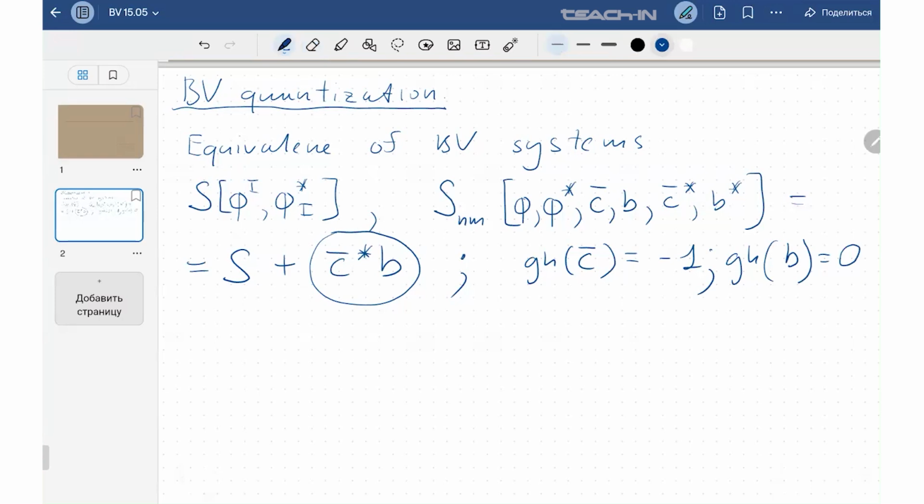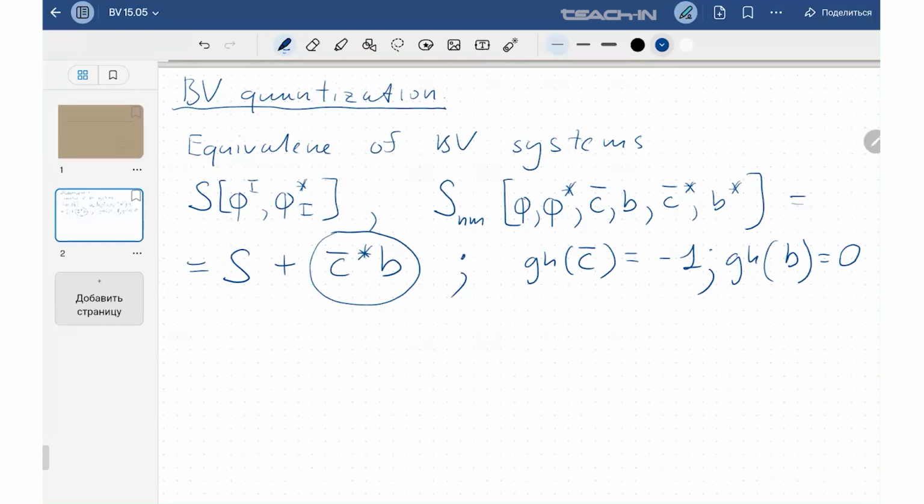So what is easy to check? It's easy to check, first of all, that the two sectors, the first sector of variables phi and phi star, and these variables c bar, b and their conjugate antifields, simply don't see each other.